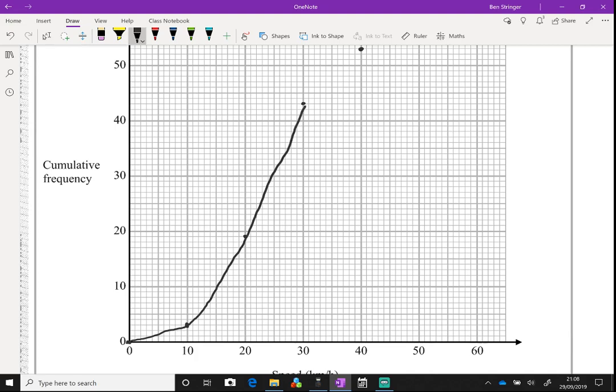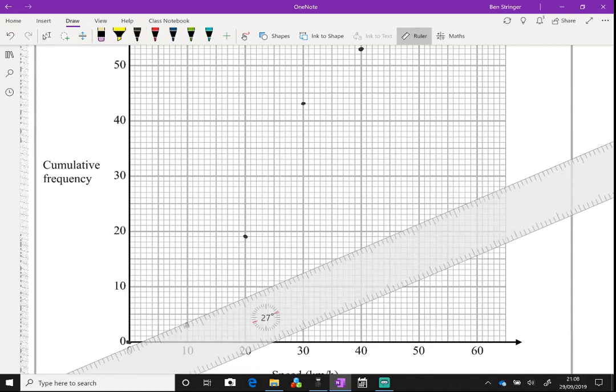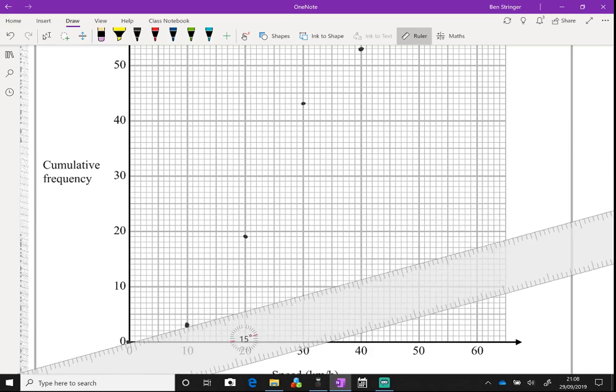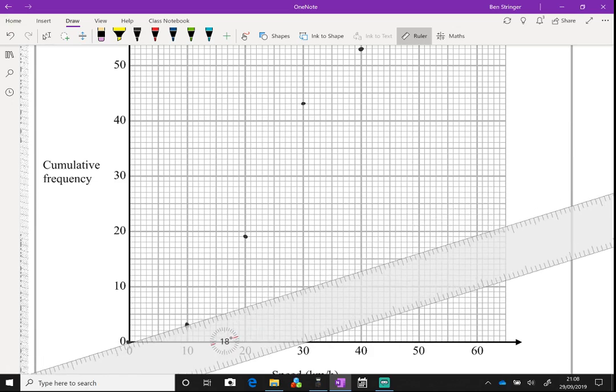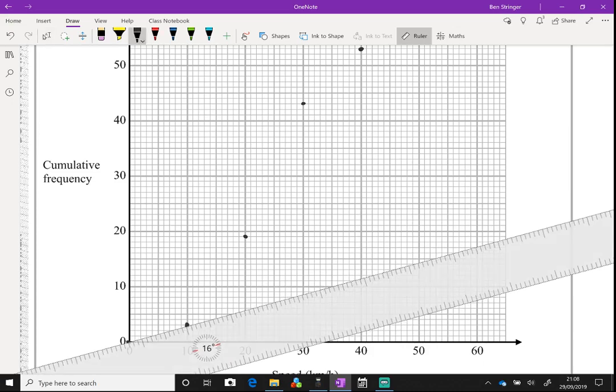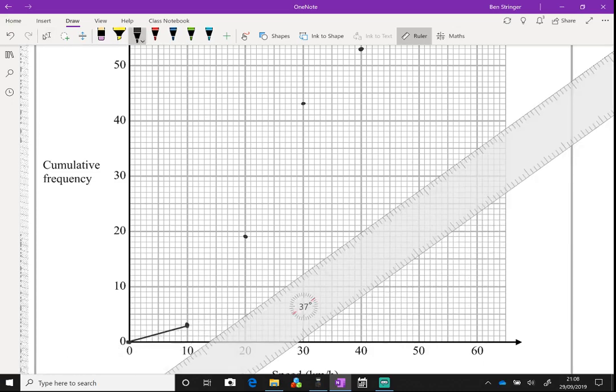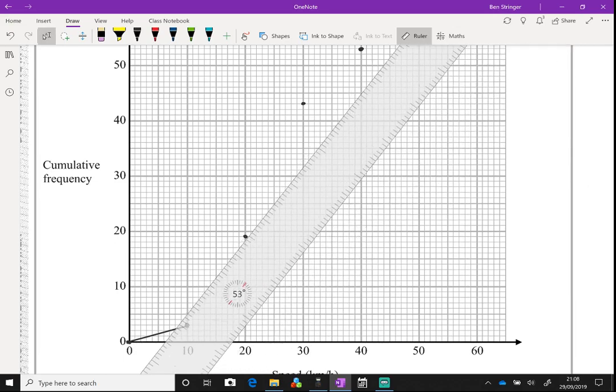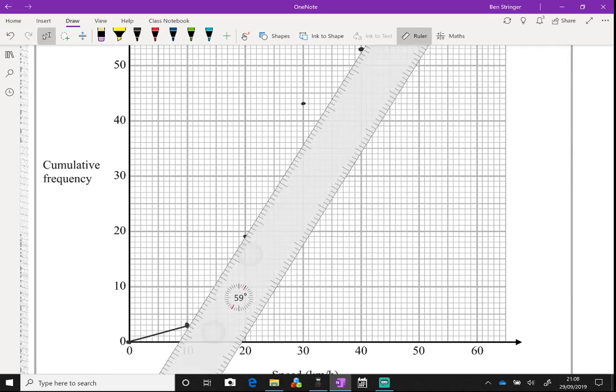Ideally you would want to go point to point with a ruler here. I'm going to have to because it's actually quite hard to draw on this. But it's better not to do what I'm doing here and actually just to draw one nice smooth curve. Because this is going to be very sharp and will give some inaccuracies in the answer, because from 10 to 20 it was not going to be this straight truthfully.